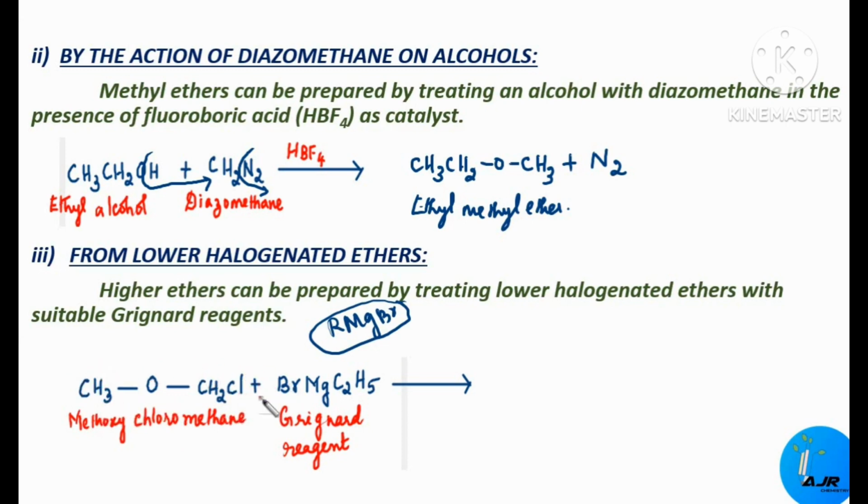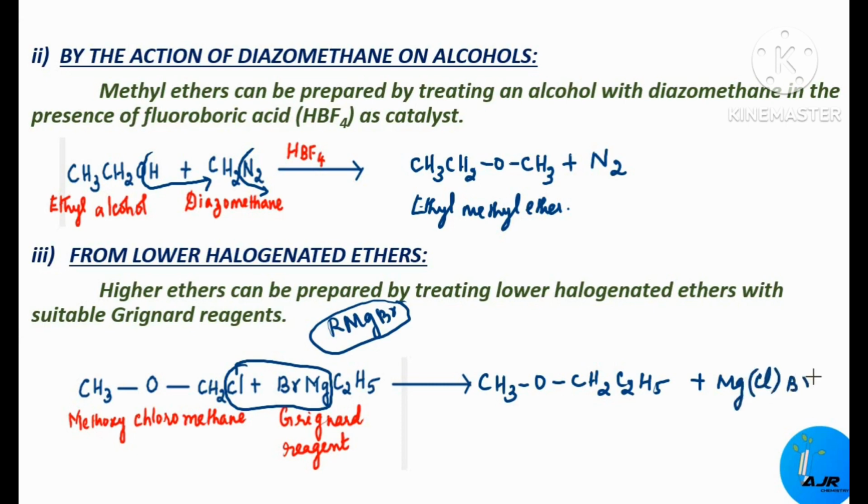So what happens here? The Cl is removed, and finally we'll get the product CH3OCH2C2H5 plus MgClBr.